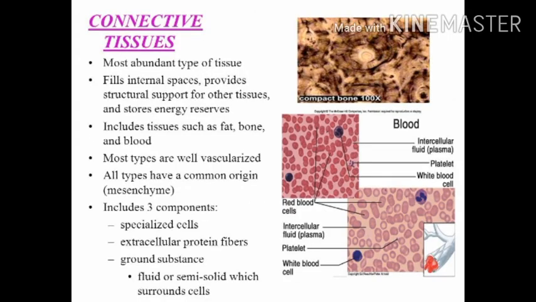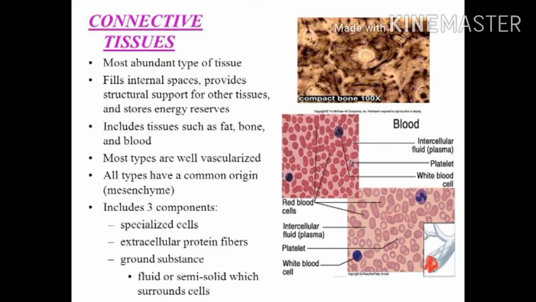Because they are present everywhere in the body, these are the most abundant type of tissues in the human body. Their main functions are also to fill the spaces in between the organs and tissues. They also store fat. They are richly supplied with blood vessels, that is, they are well vascularized.